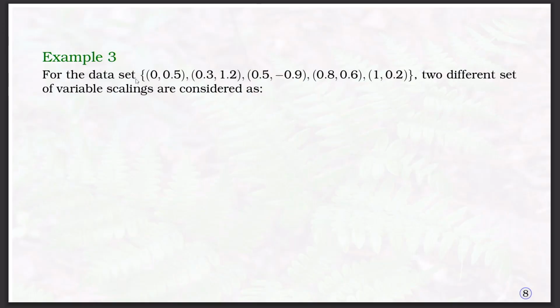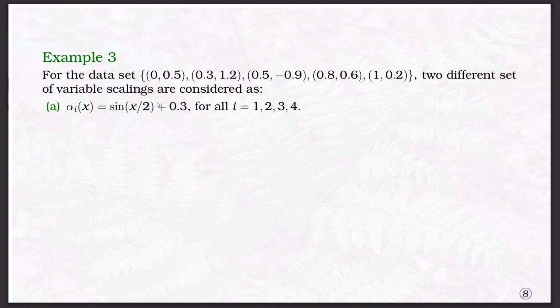So in this lecture, we are going to discuss the effect of the variable vertical scaling factor of fractal interpolation functions. Let me start with an example. Now consider the data points given here. For these data points, two different sets of variable scaling are considered as follows.